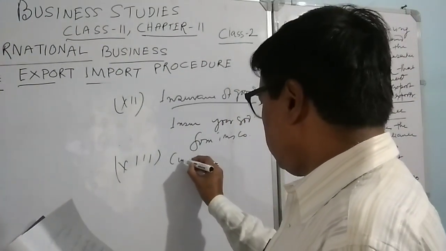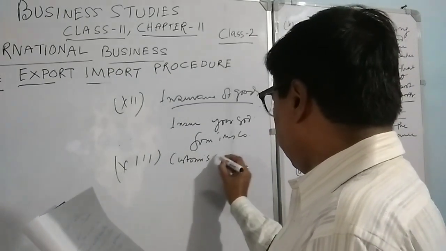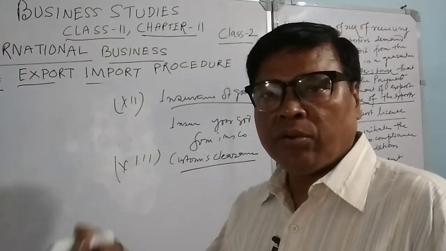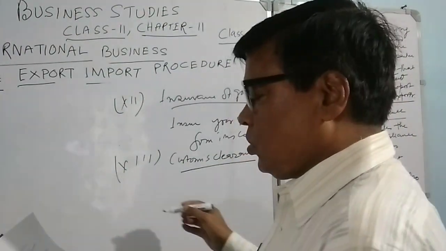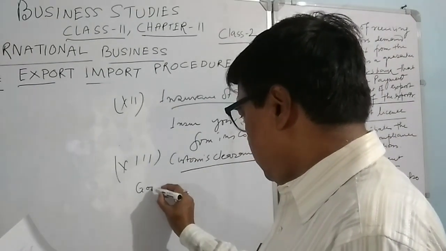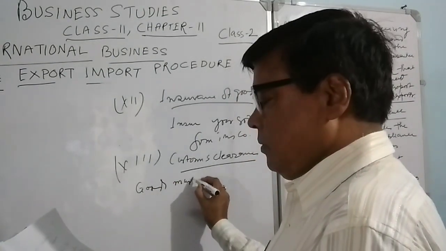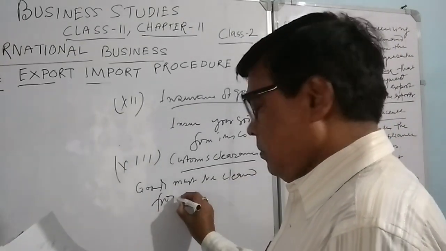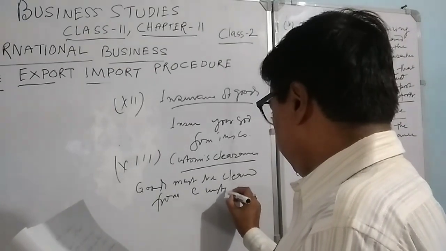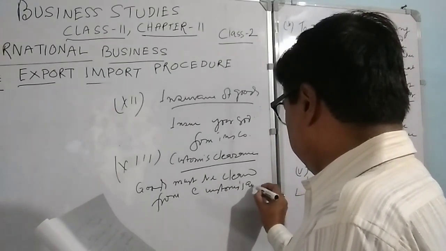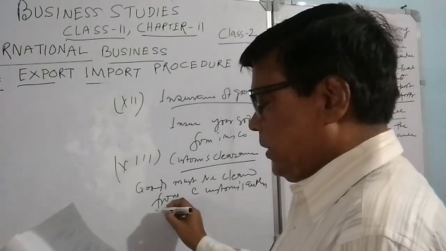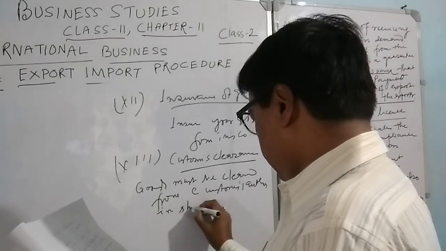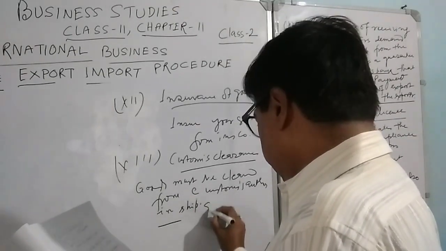So the next point is customs clearance. This is also very vital. Without customs clearance, you cannot ship the material. Goods must be cleared by the customs authority, and here the document is the shipping bill.